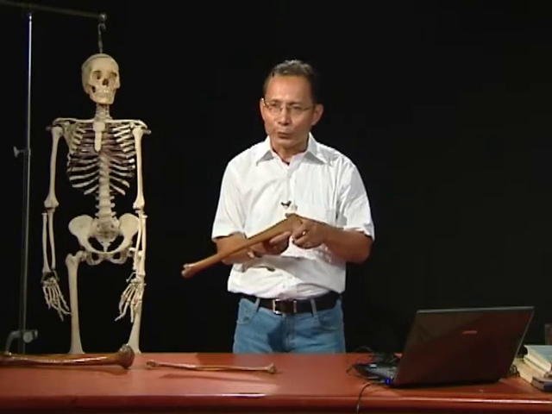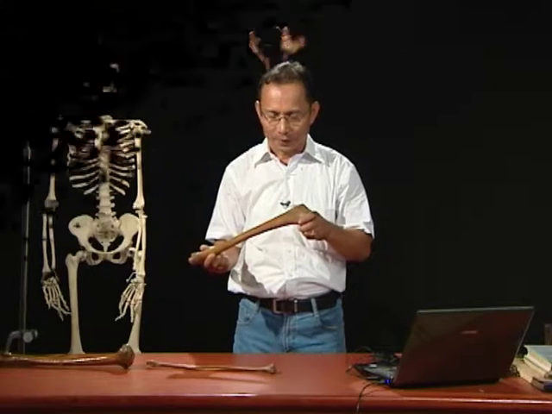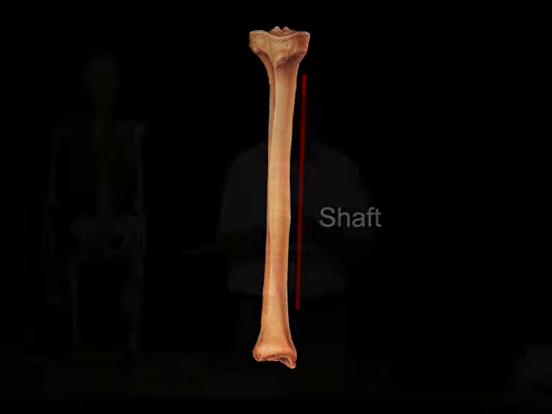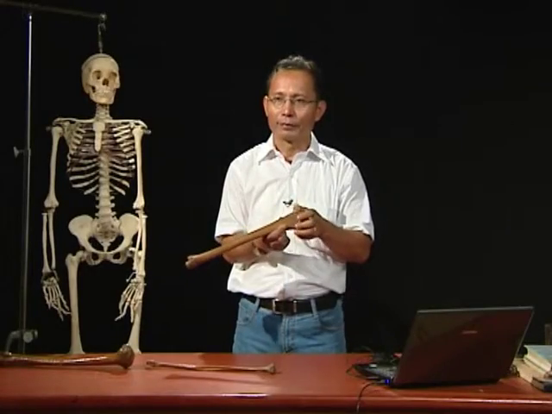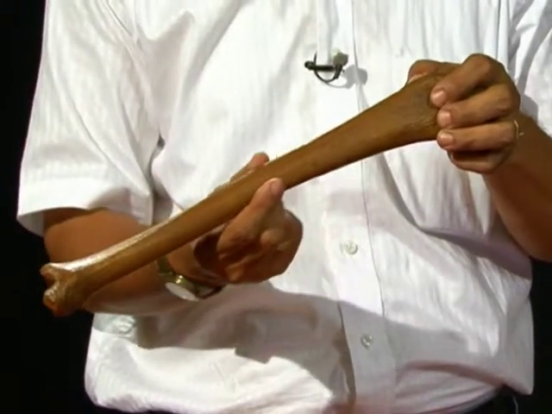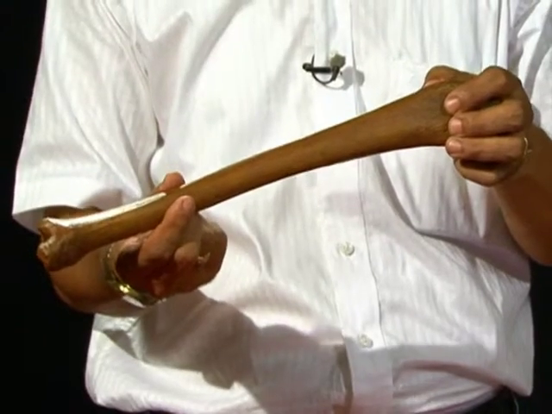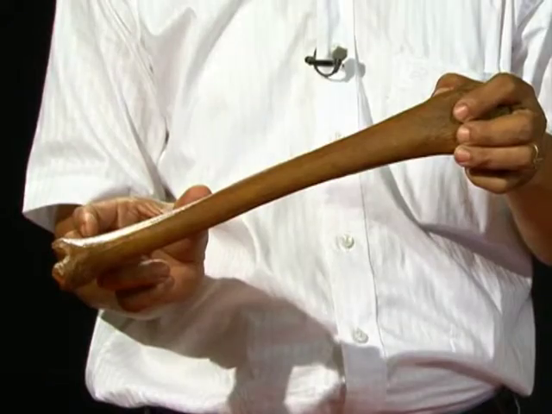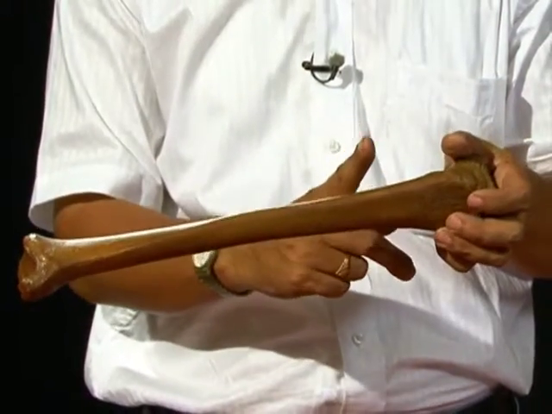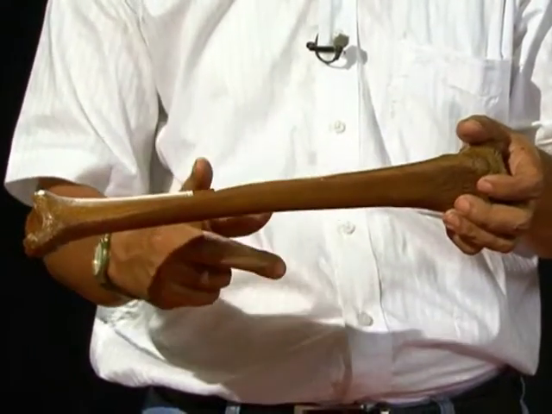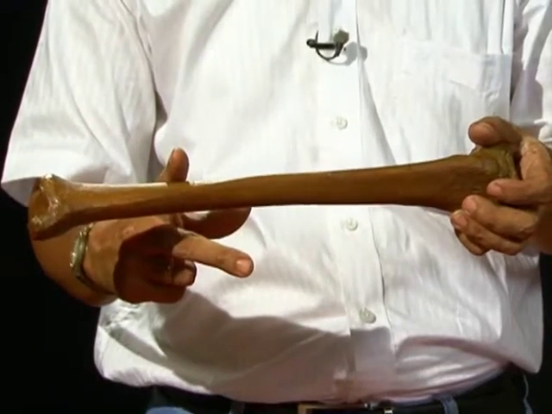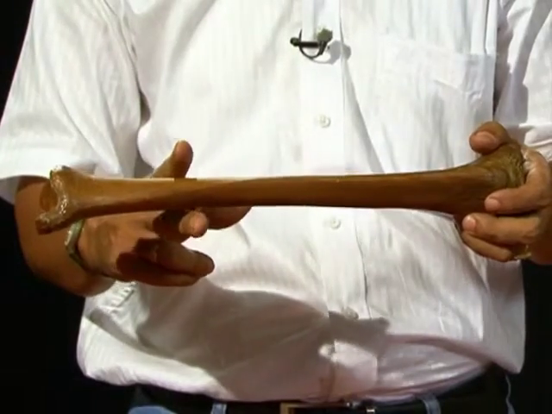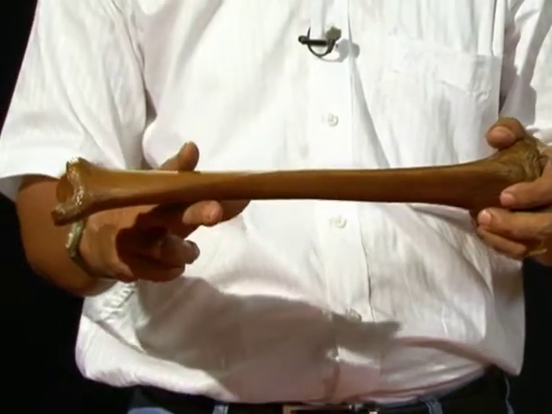Now let us start with the shaft. The shaft is prismoid and triangular above and gradually decreases till the most at the one-fourth from the lower end. So that means you divide the shaft into four sections and the smallest cross section will be observed at the one-fourth from the lower end.